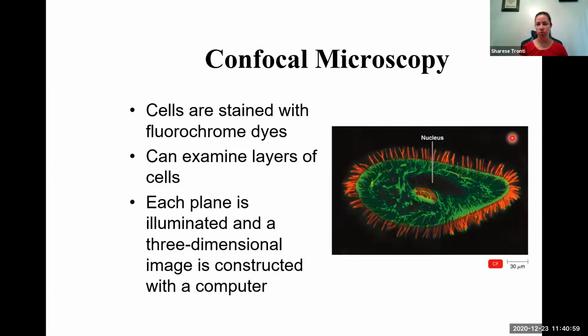So these look pretty cool. So if you see these bright, very clear images where you can kind of see the dimensions, that's generally going to be confocal microscopy. So if you see that as we go through the book, that's probably confocal. Very common.